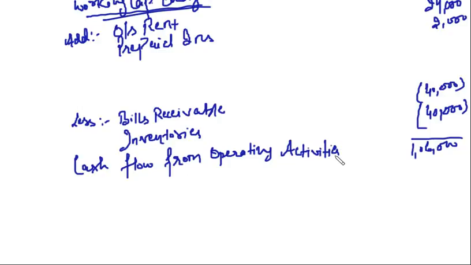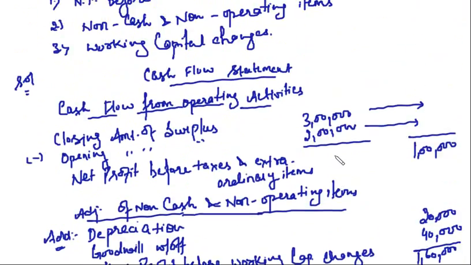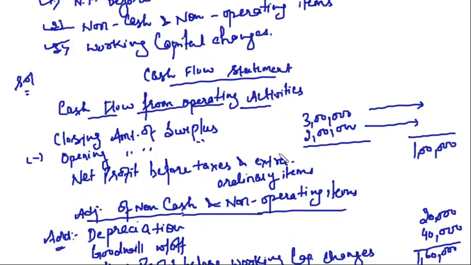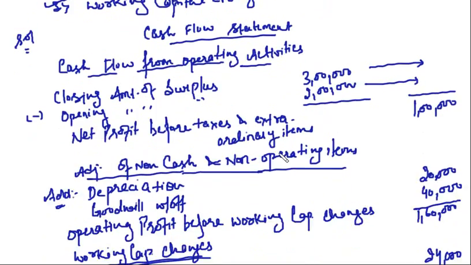So friends, the first step should be to identify the items: which items will fall under the net profit, which items will fall under non-cash and non-operating items, and which are the working capital changes. Current assets, current liabilities, you all know that will be done in working capital changes. Clear? So we are starting with just the simple concepts, very simple problems, right? It was one of the simplest problems of cash flow.